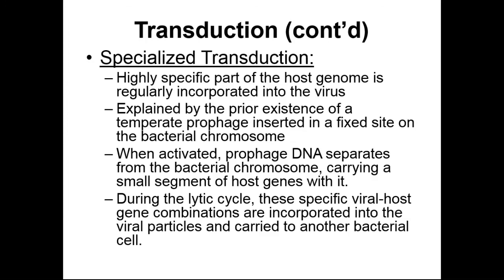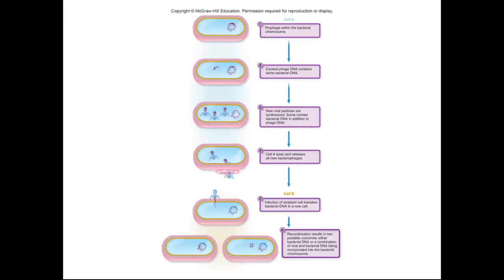Later on, that prophage can be activated and carry a chunk of the host DNA with it. And when that bacteriophage enters the lytic cycle, that host DNA is going to be incorporated into the viral DNA and then carried to that second bacterial cell.